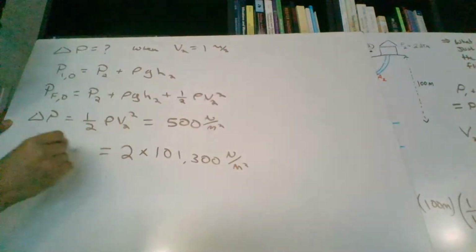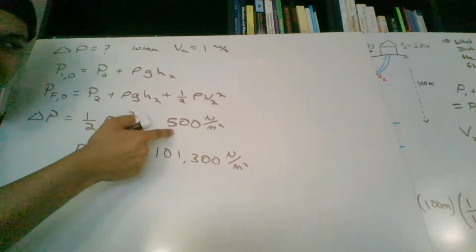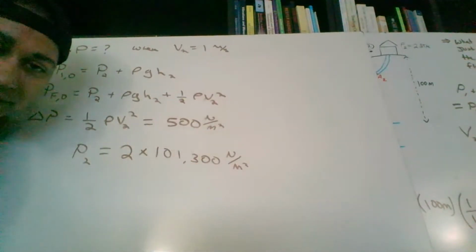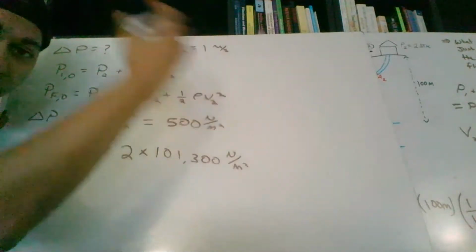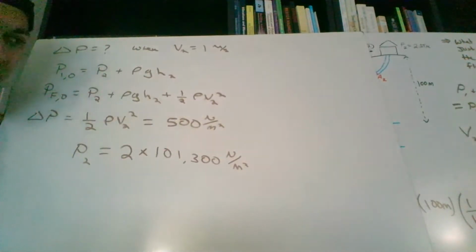So that's how much pressure is at 2. So if you were to decrease by this amount from this value here, water is going to run. It'll decrease by a little bit, but the water will still run, because this is still a lot of pressure compared to the little bit that you need to get rid of.